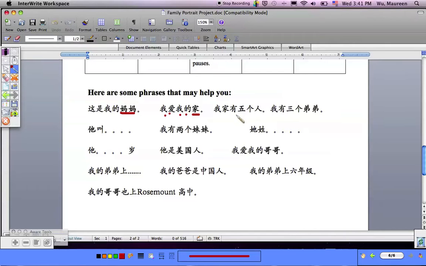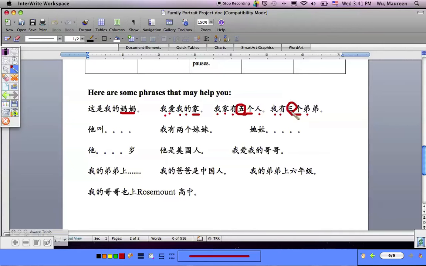我家有5个人. My family has 5 people. Well, you could easily just substitute 5 and you could tell me how many people your family has. Maybe you want to say, 我有3个弟弟. I have 3 brothers, younger brothers. Well, you could talk about having 1 younger brother.